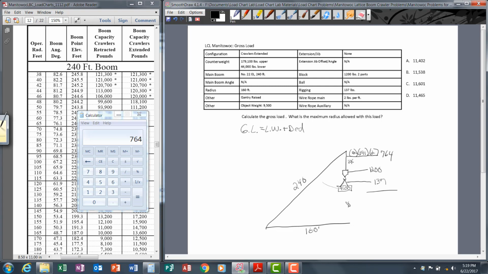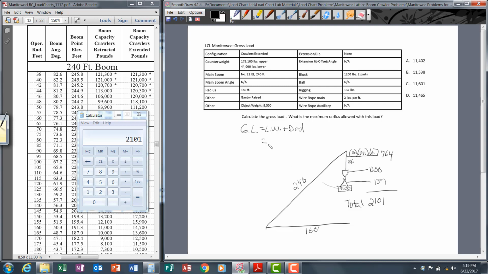So let's go ahead and total these up. There's no gross capacity that we need to find, so we can go ahead and total our deductions here. We've got 764 plus 1,200 plus 137. Total deductions 2,101.